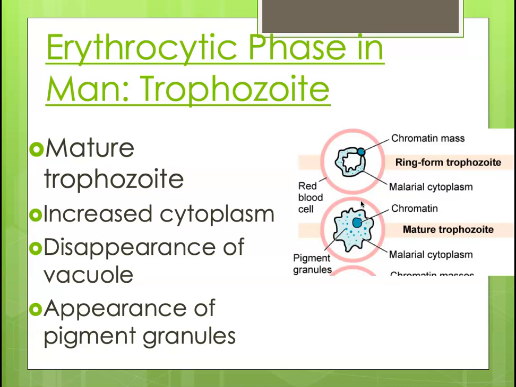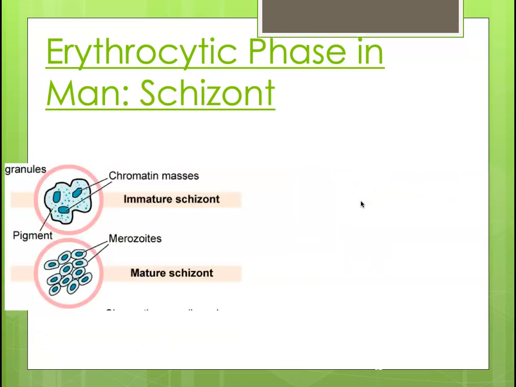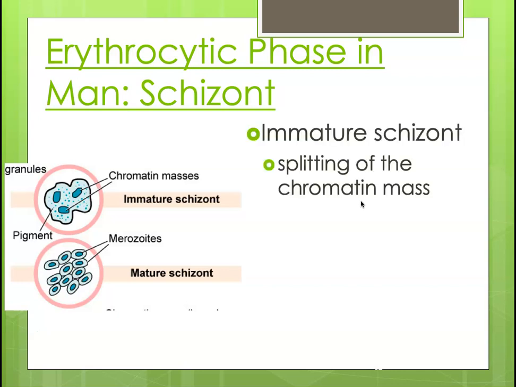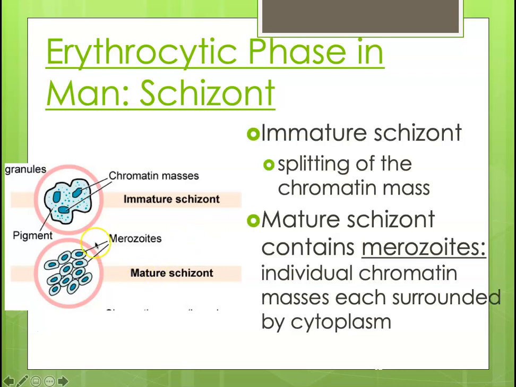So here's your mature troph, and the appearance of pigment granules. As the parasite continues to mature, it transforms into the immature schizont, where we get splitting of the chromatin mass, so we get multiple chromatin masses, and the cytoplasm is still growing.